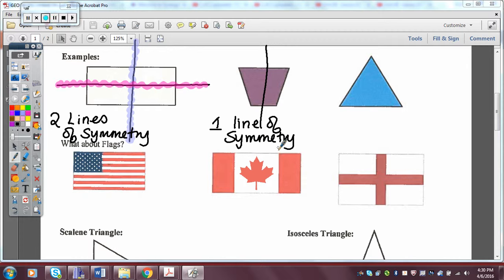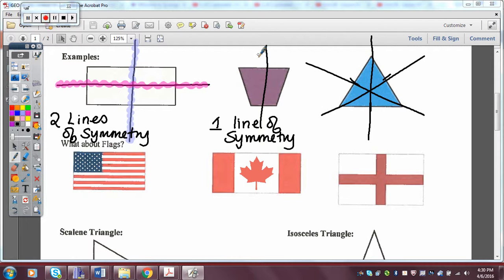Okay. I now have an equilateral triangle. So if I have an equilateral triangle, let's figure out how many lines of symmetry there are. So if I fold my triangle along that line, that's a line of symmetry. Now what if I do it along this line? That's also a line of symmetry. And right there.